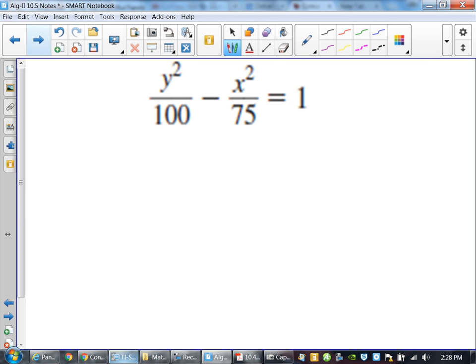What came first, x squared or y squared? Y. Okay, so it's going to be up and down. Start with labeling.